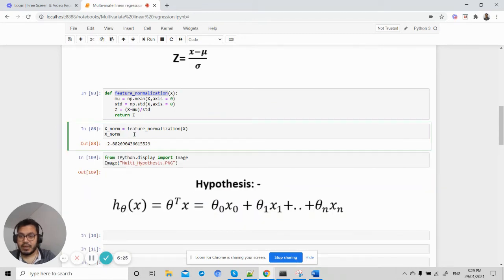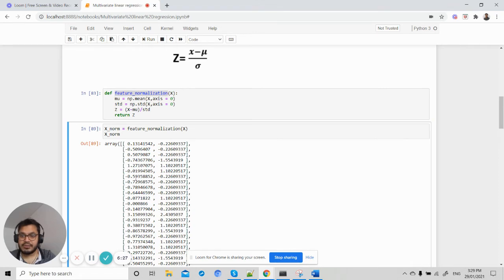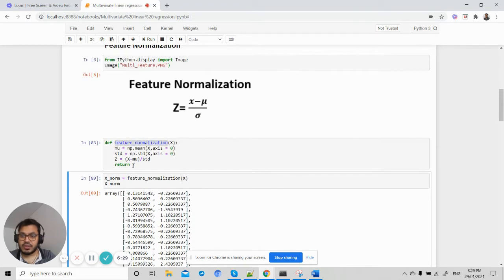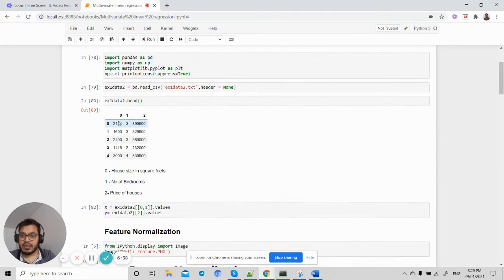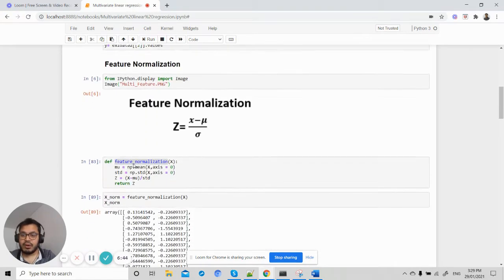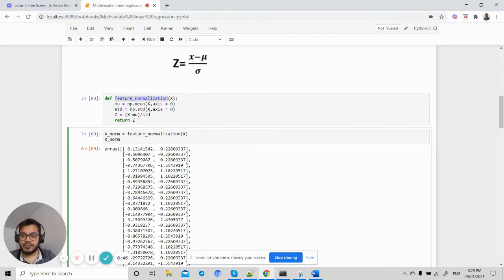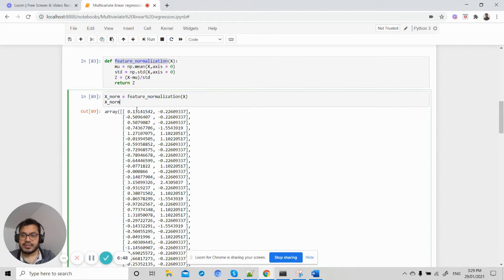So we can see now both our features are on a similar scale. Previously feature one was in the thousands and the other was a single-digit number. Now we have applied feature normalization so that our features are on one particular scale. That's why we did feature normalization.